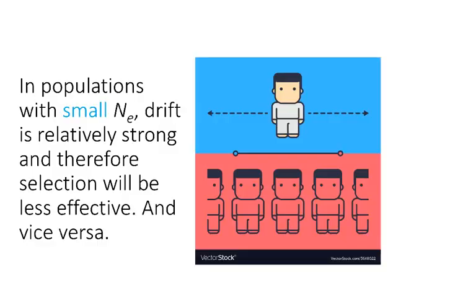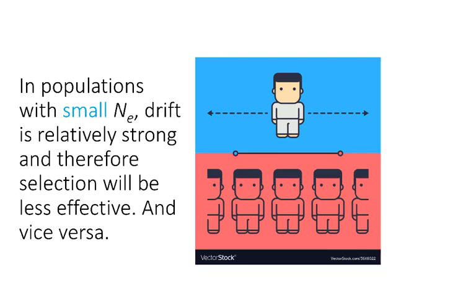And remember, we said a couple videos ago that we're talking about these different factors of drift and selection, and they're not acting in isolation. They can be interacting with each other. And part of the factor that determines which one of these influences is going to have a stronger effect in a population is the effective population size.